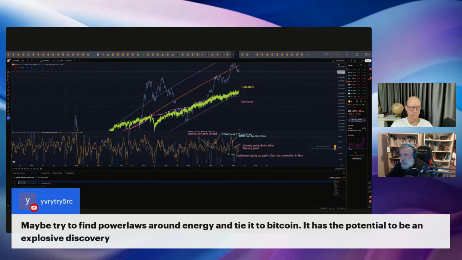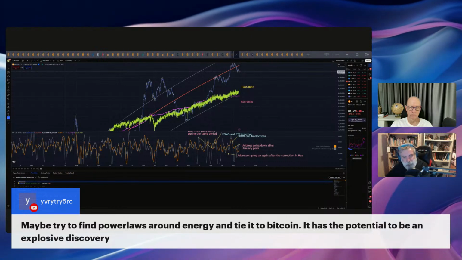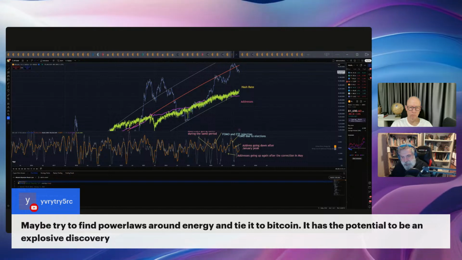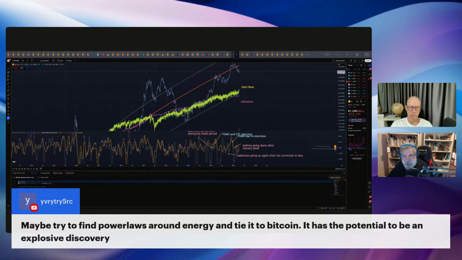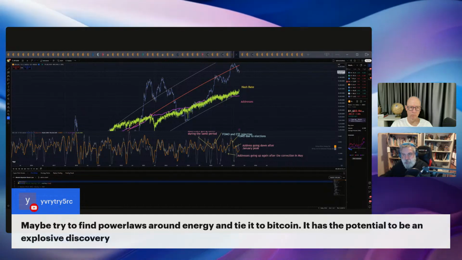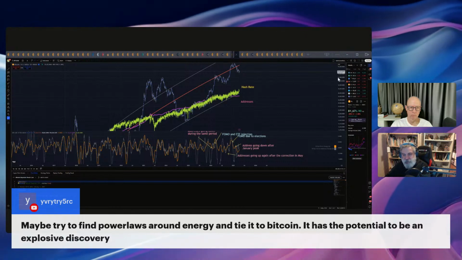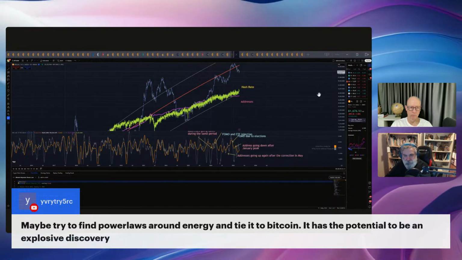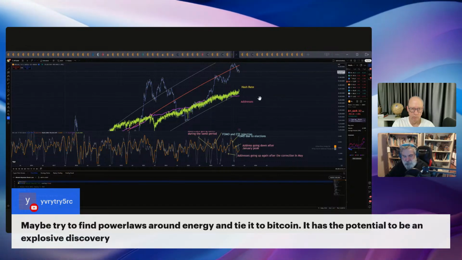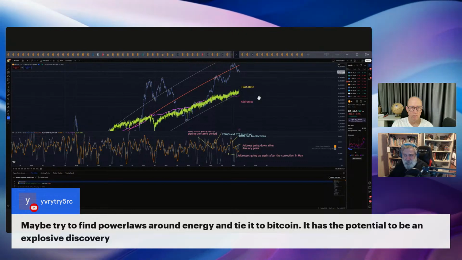All right. There are these other questions. We can maybe try to find power laws around the energy and tie to Bitcoin. Yeah, we try, right? And hash rate is the closest thing that we have. But to transform it into real energy, like watts, for example, or power, it's a little bit more complicated because people use energy in different ways.